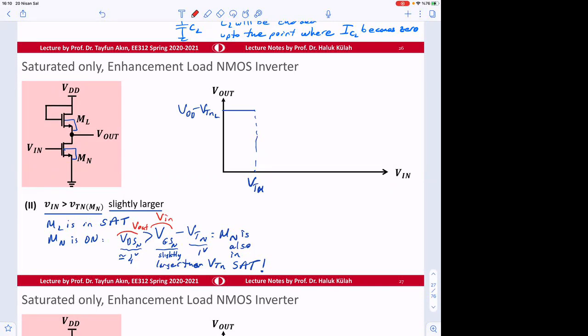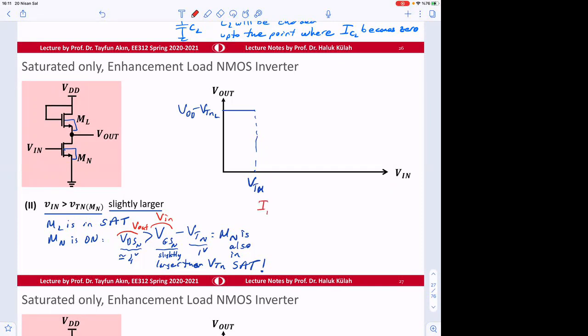So at some point, MN will switch to linear mode, but ML will remain in SAT because it cannot change due to the electrical connection.